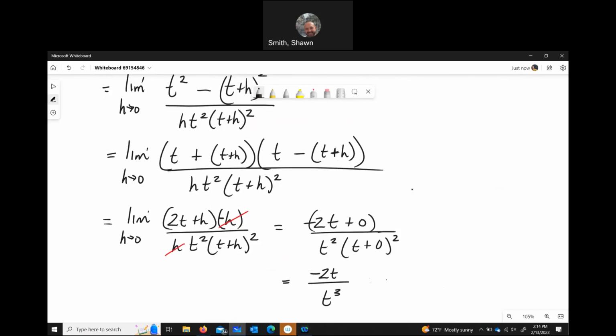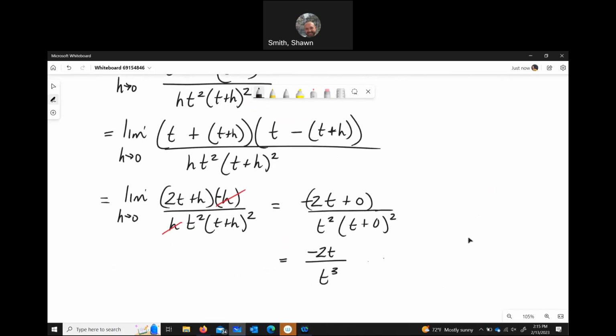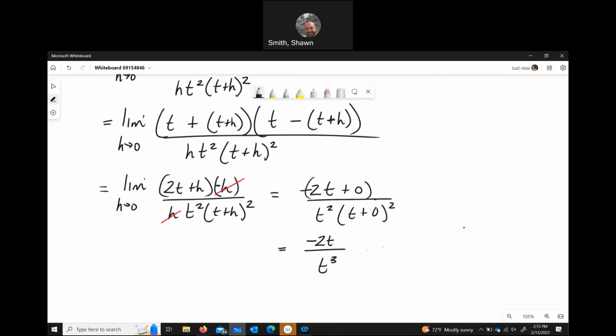And still something, I shouldn't have that t on the top. Ah, yeah, t to the 4th on the bottom, right? T squared times another t squared is t to the 4th.